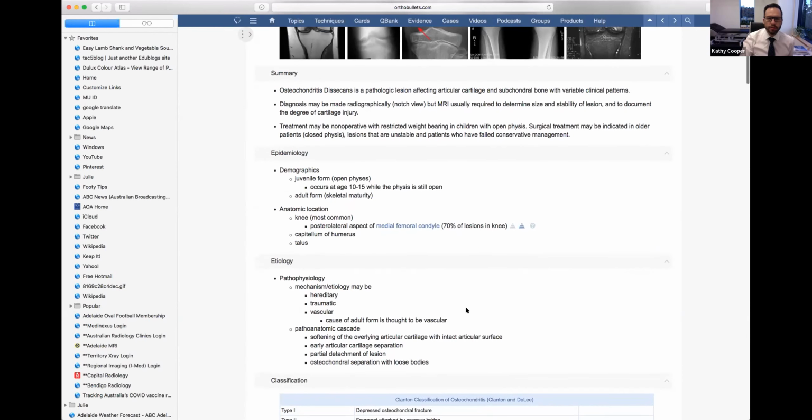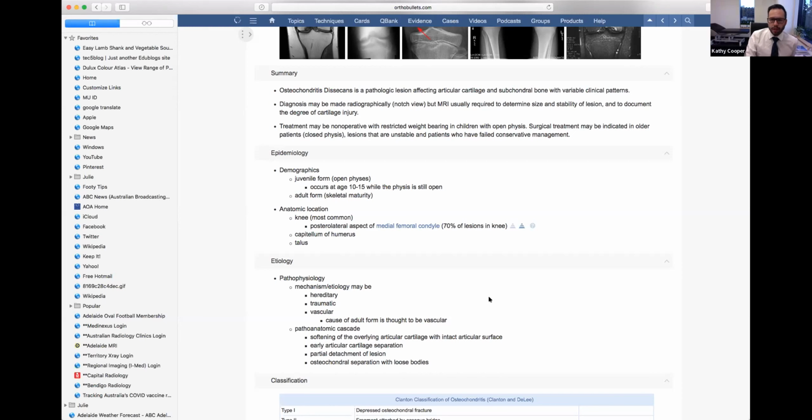So who's at risk? Well, we're not sure what causes it, but the underlying mechanism appears to be a vascular one. There's a watershed area in that particular area of the knee where the end arteries aren't supported by other vascular supply.